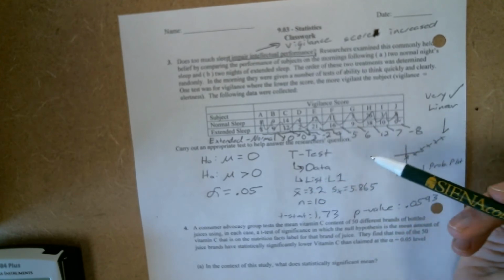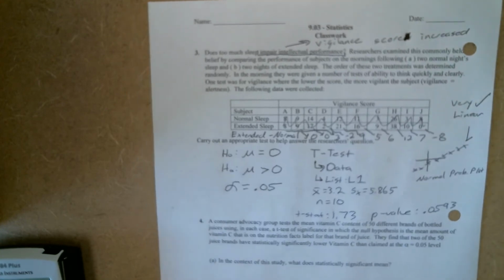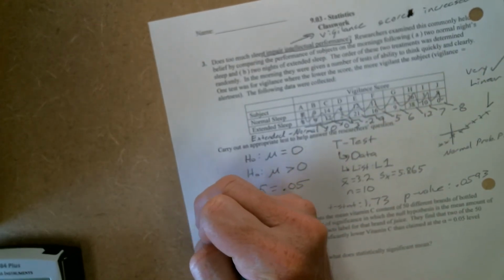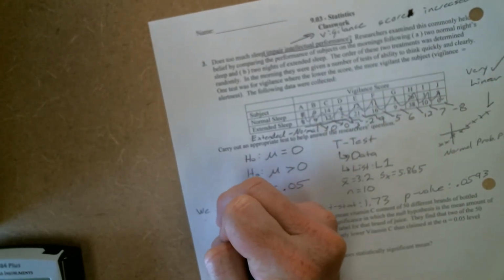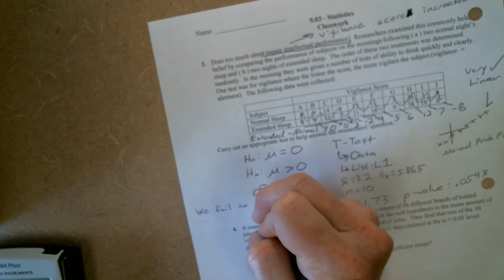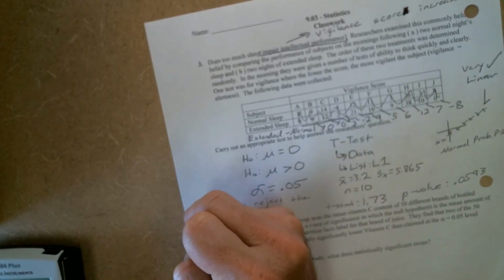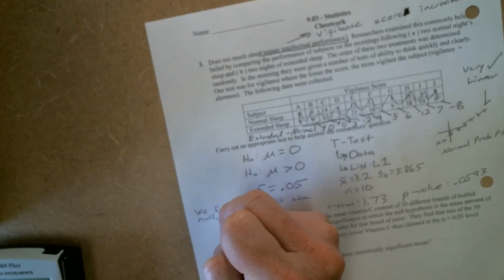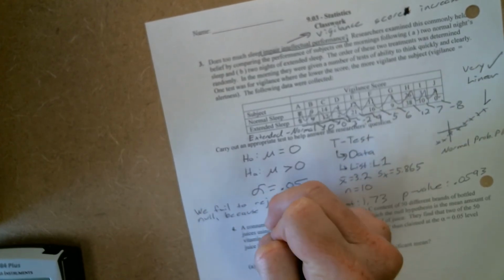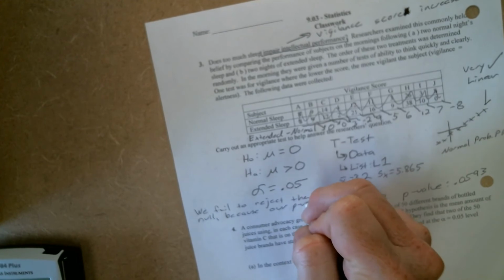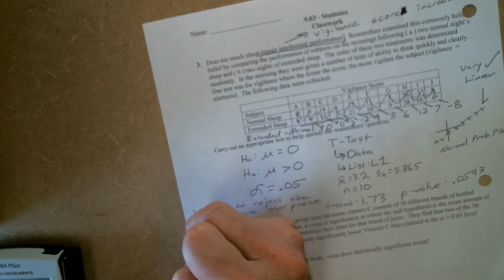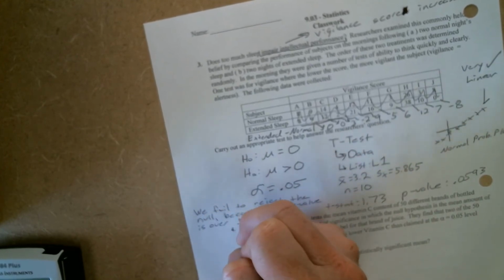This or higher, all right? 6%, not huge, but it is above our threshold. So we have to say we fail to reject the null because our p-value is over 5%.